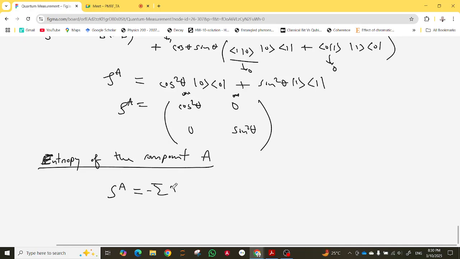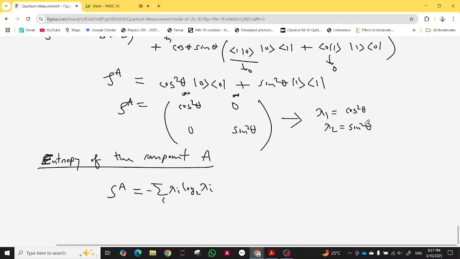Minus sum over i of lambda i log base 2 of lambda i, right? And lambda i are the eigenvalues of rho A. Now what are the eigenvalues of rho A? It is a diagonal matrix, right? So the eigenvalues are nothing but cos square theta and sin square theta, right? Lambda 1 is cos square theta and lambda 2 is sin square theta. Okay, these two are the eigenvalues.